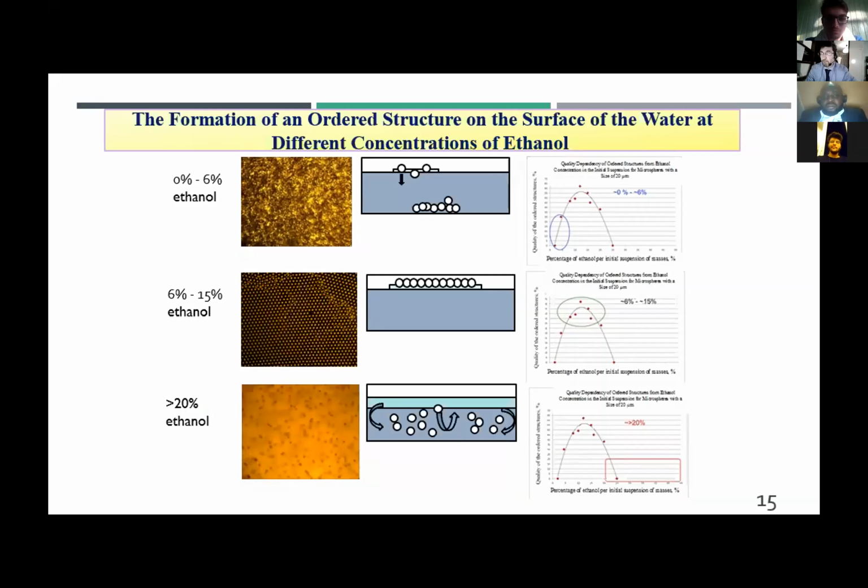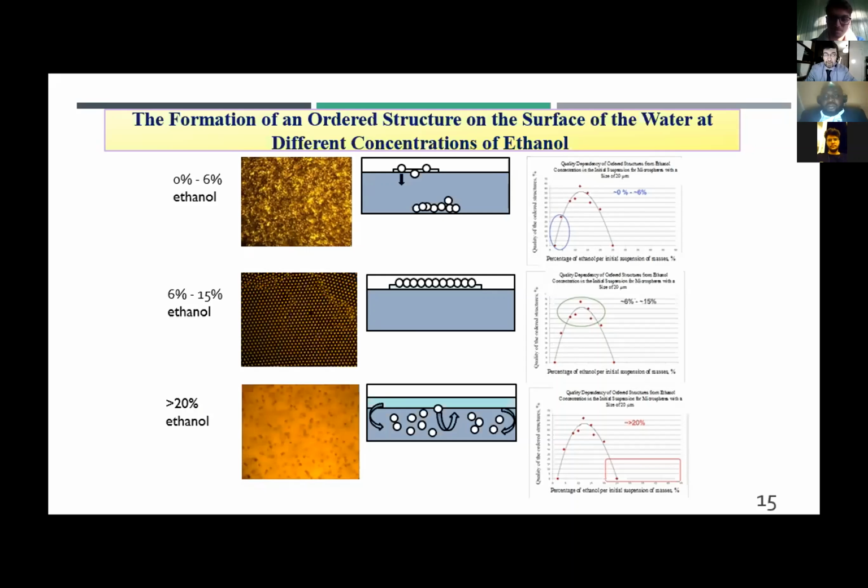The dispersion of ethanol-water with polymer microspheres from polystyrene was embedded on the water surface with different concentrations of ethanol. And from the different concentrations, we can see the different ordering packing of the microspheres on the water surface.